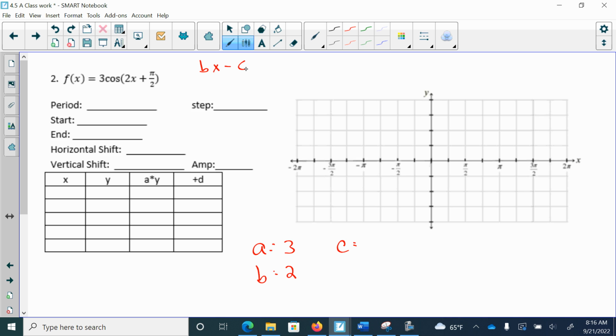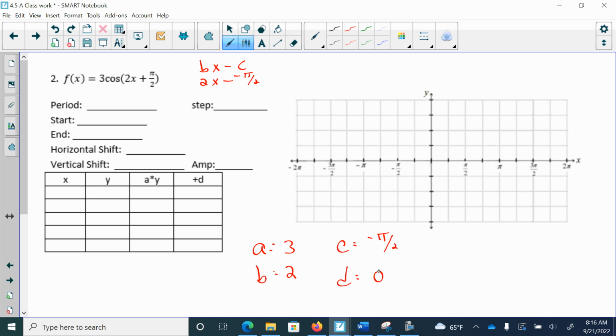So I technically have this 2x minus a negative pi over 2. So this c is going to be a negative pi over 2. And then my d is whatever I'm adding or subtracting on the outside, and I don't have anything on the outside of that trig function, so it's going to be understood to be 0.